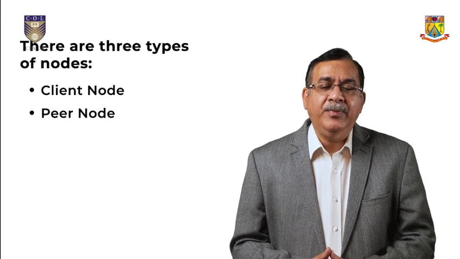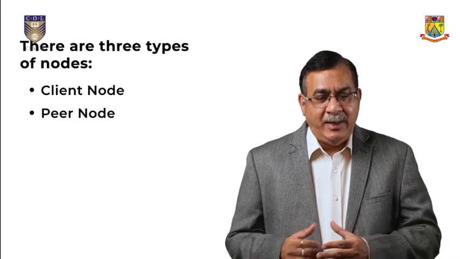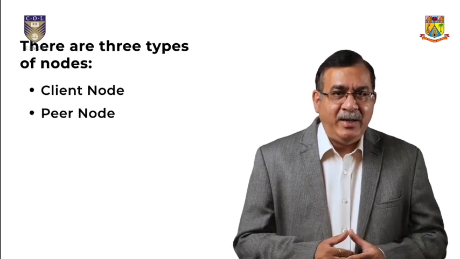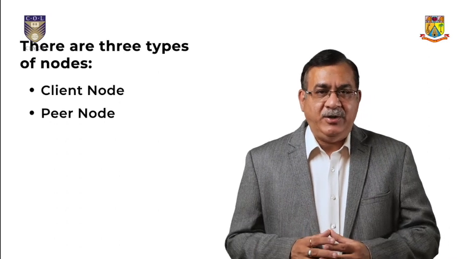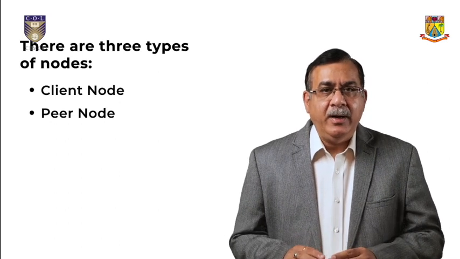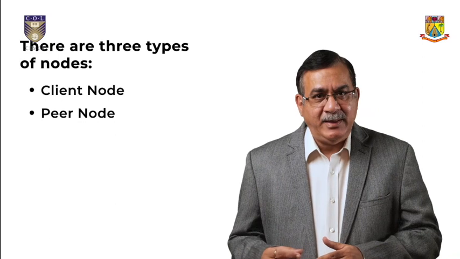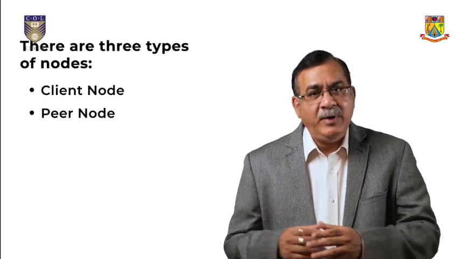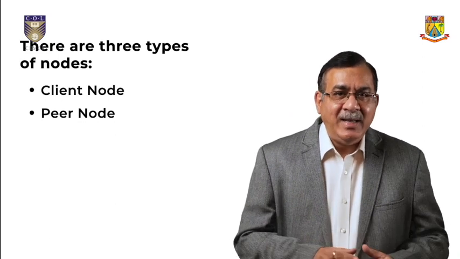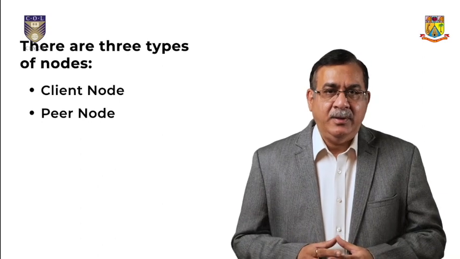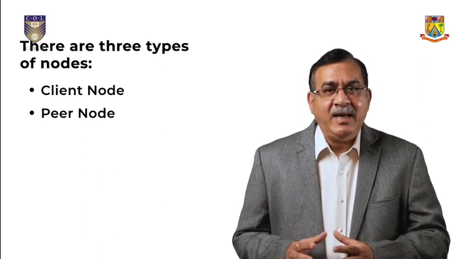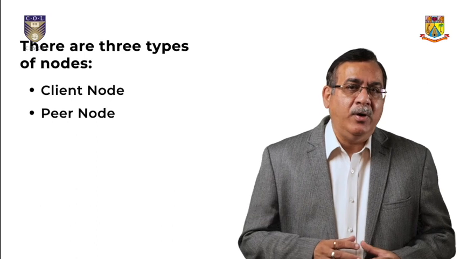Peer node. A peer node is a node that commits transactions and maintains the state and a copy of the ledger. A peer receives ordered state updates in the form of blocks from the ordering service and maintains the state and the ledger. Besides, peers can have a special endorser role.